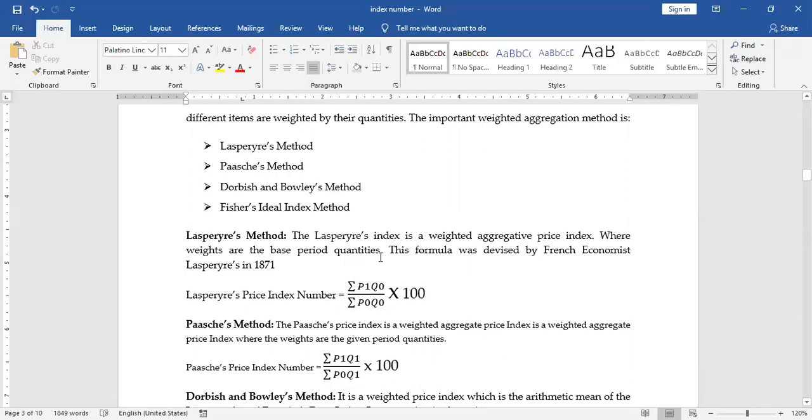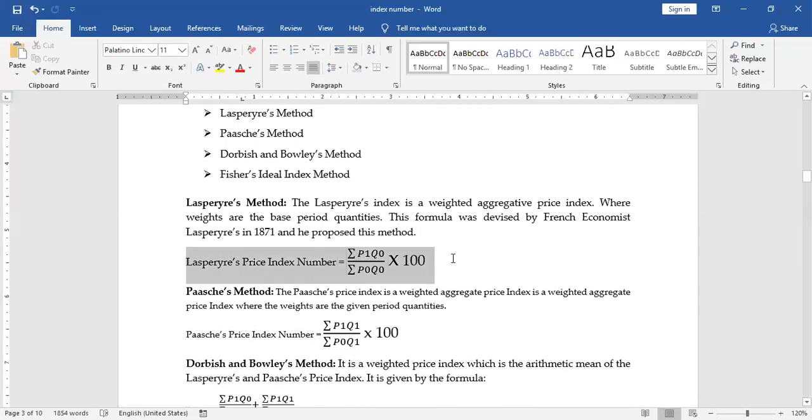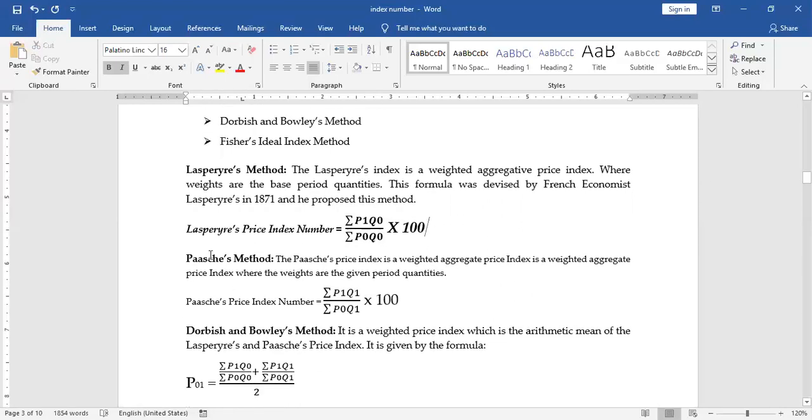Laspeyres was a French economist who proposed this method in 1871. You can see the formula highlighted here. If you want, please make a note. I'll be sharing the materials in PDF format too.